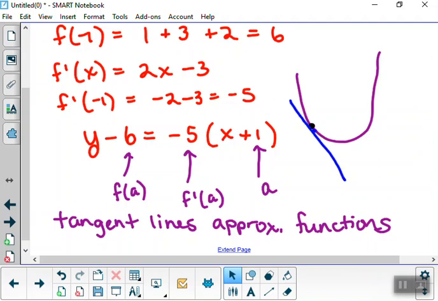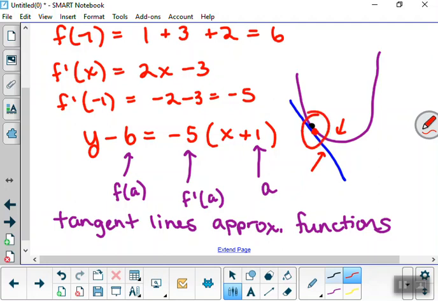But if I want to know what's happening on the function, the purple function at that black point, I can look at this tangent line. Since where the tangent line hits the curve and where the black point is are close together, this tangent line and that function curve have similar y values in this region. So the y values from the line can be estimates for the y values from the curve.